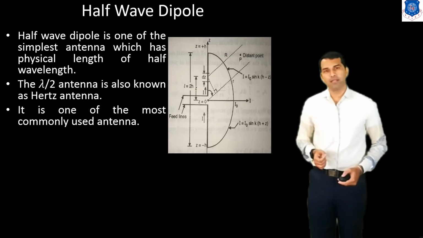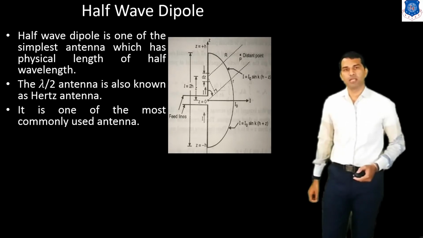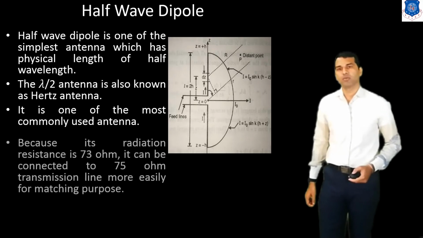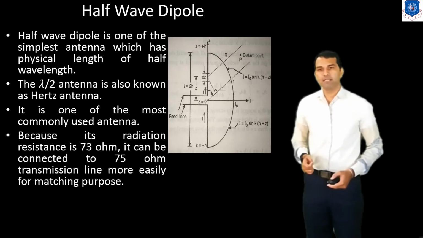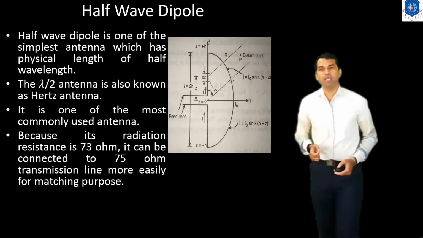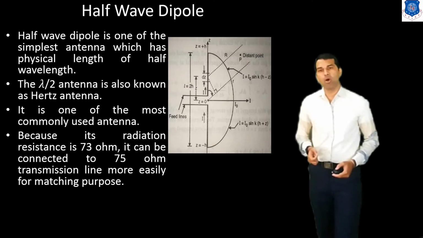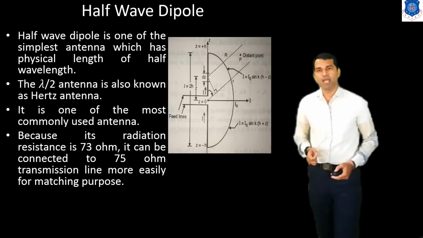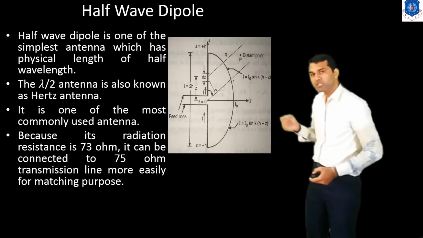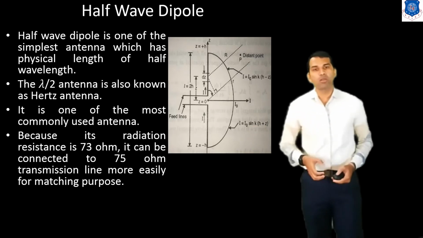This antenna is mostly used in different applications because its radiation resistance is 73 ohm, so it can be connected to a 75 ohm transmission line more easily for matching purposes. This is the reason why this antenna is more commonly used.